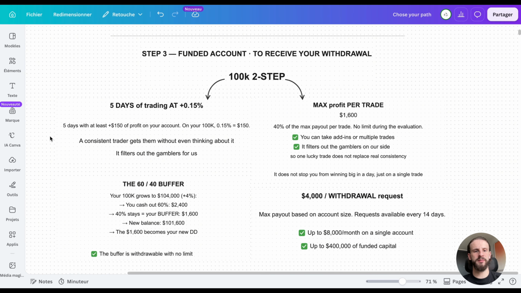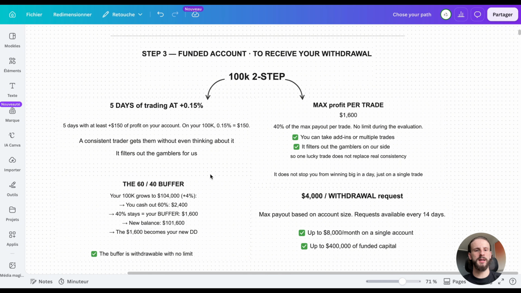It means 5 days where you make at least $150 of profit on your account, because on a 100K account, 0.15% equals $150. Honestly, a consistent trader gets this without even thinking about it. It's just here to filter out the gamblers for us.